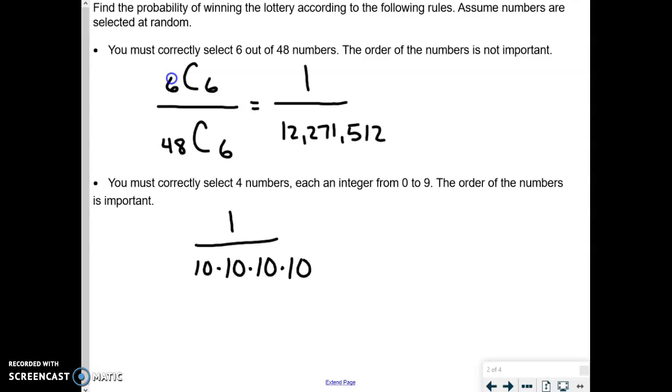So in this lottery scenario, there's only one correct 4-digit number that would give us the overall jackpot. But the denominator shows us that each one of those digits, each one of those integers has 10 choices. So this, ladies and gentlemen, goes right back to the fundamental counting principle. So in this case, the probability of success would be 1 out of 10,000.